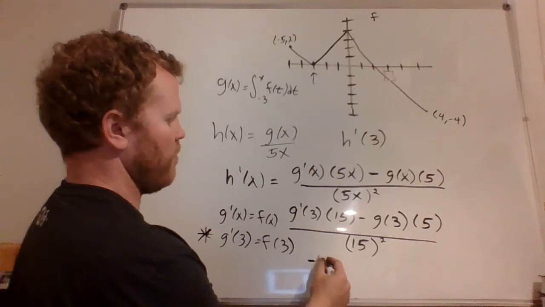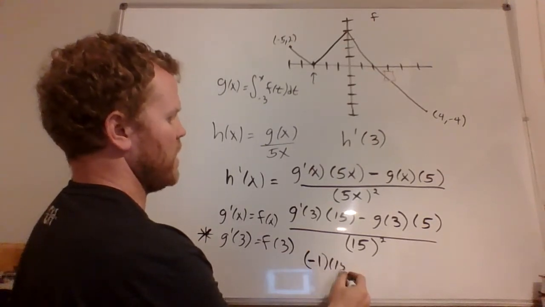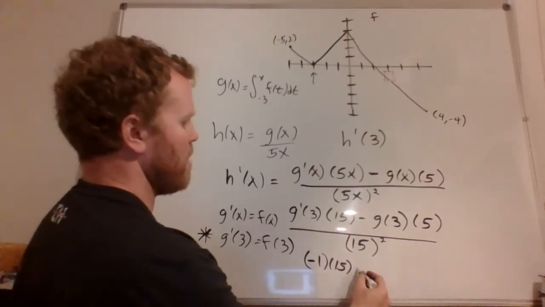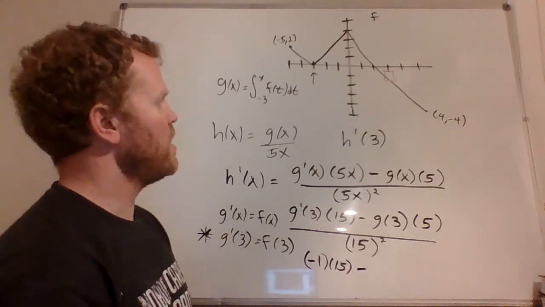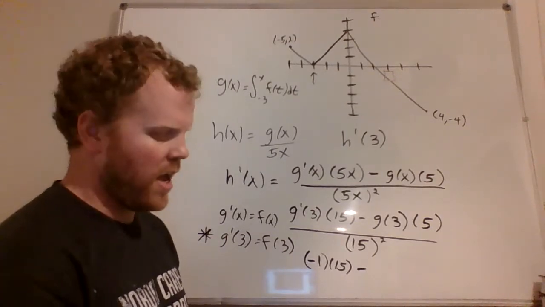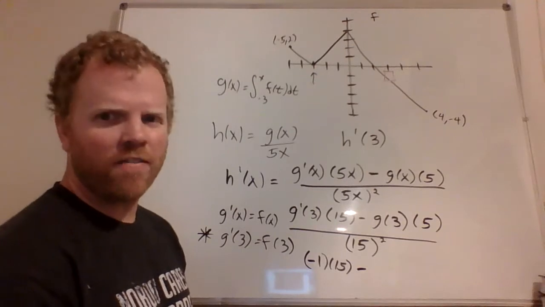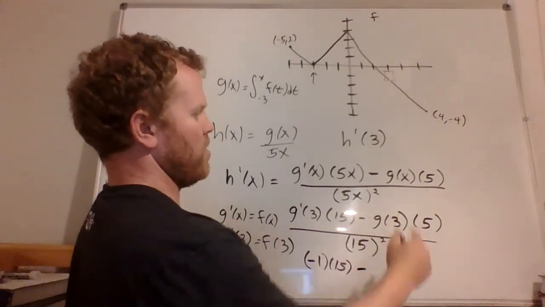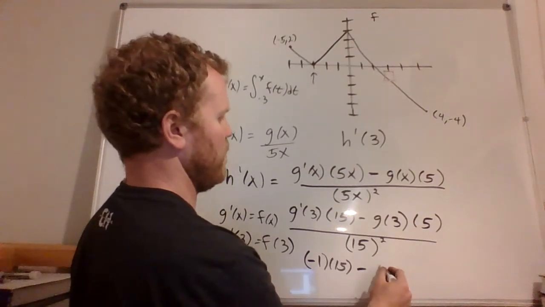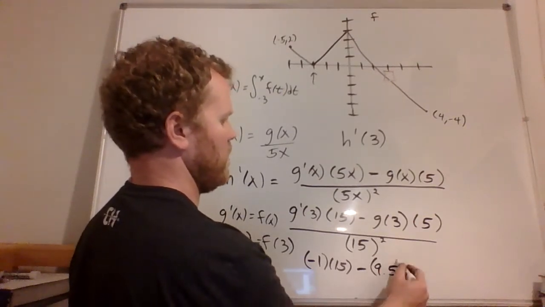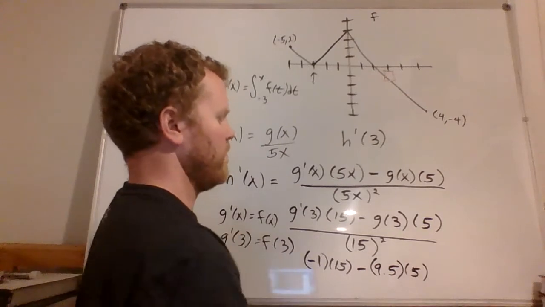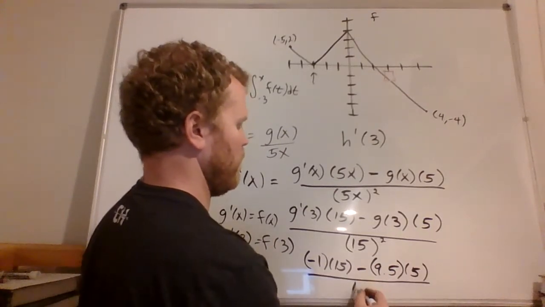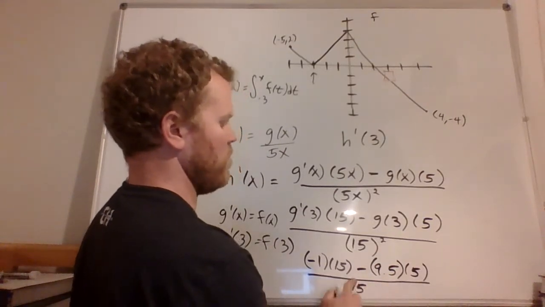So this should be -1 times 15 minus g of 3, which we actually did in part A of this question, and we should have gotten 9.5. So this should be g of 3, which is 9.5 times 5, all over 15 squared, or 225.